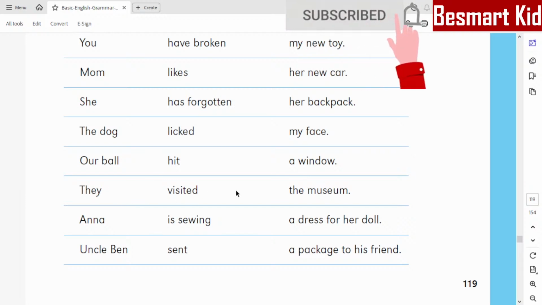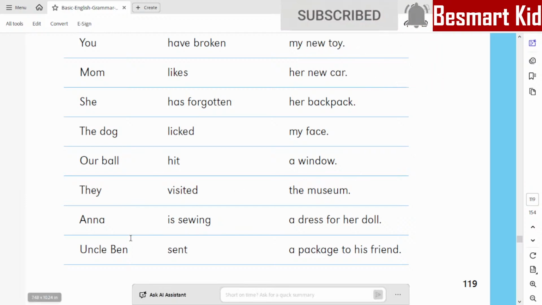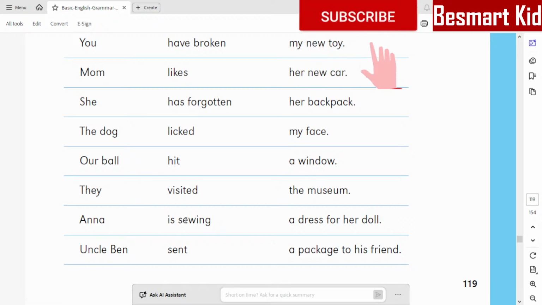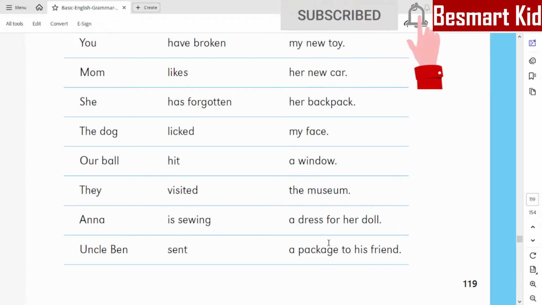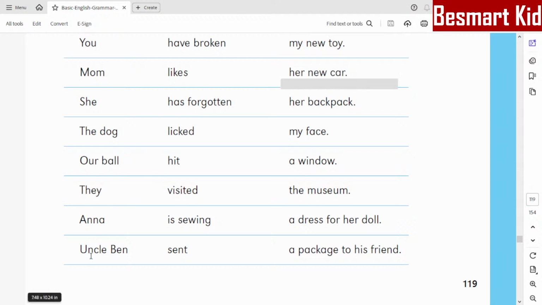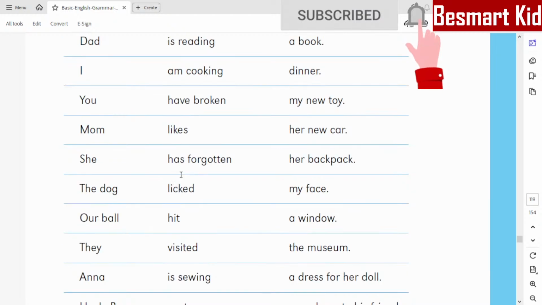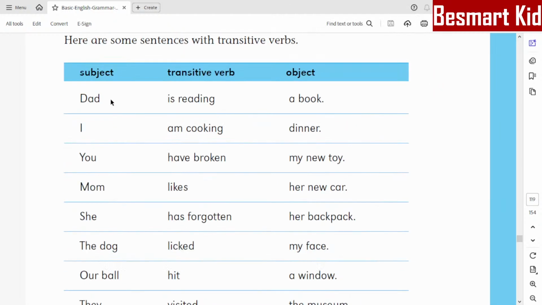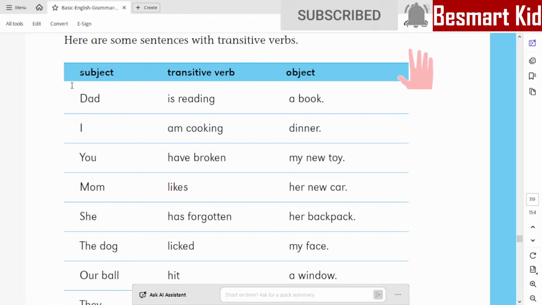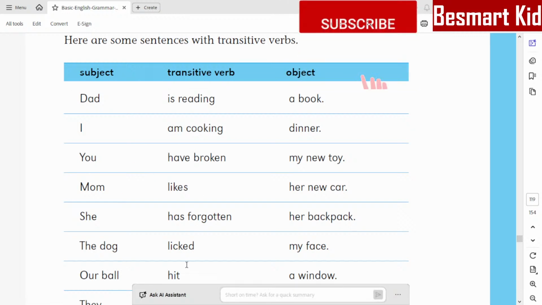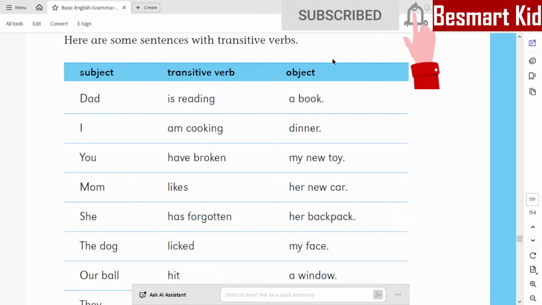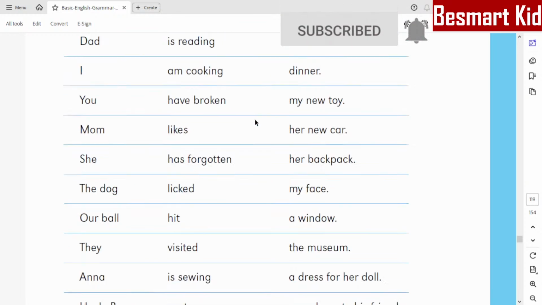They visited the museum. Anna is sewing a dress for her doll. Uncle Ben sent a package to his friend. So, in all the sentences, at the first place they are subject, in the middle are transitive verbs, and last they are objects.